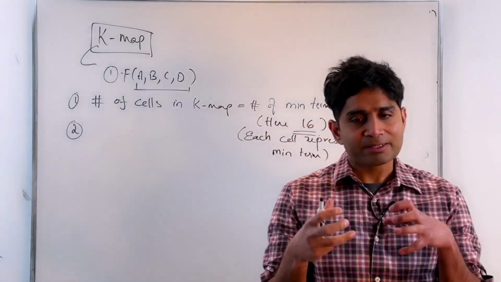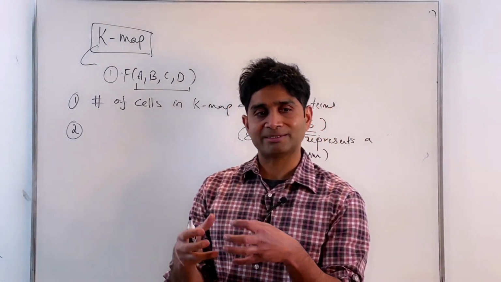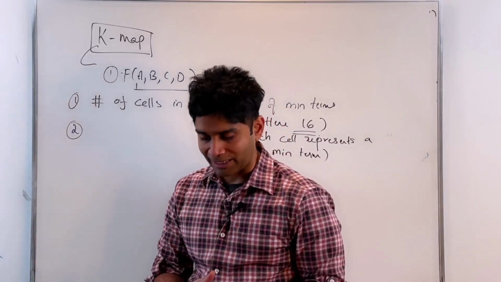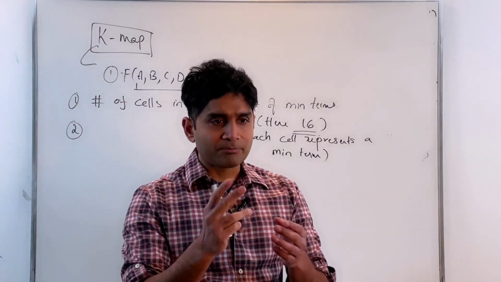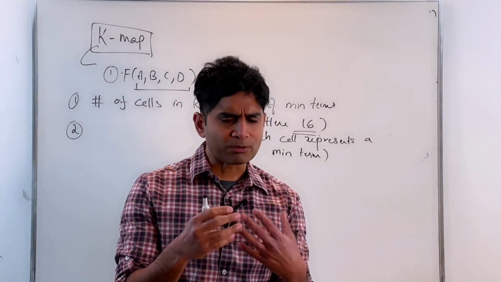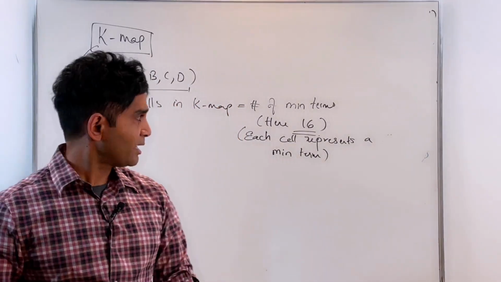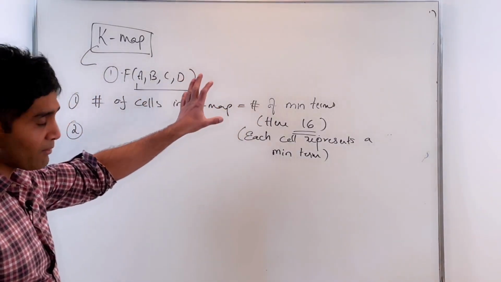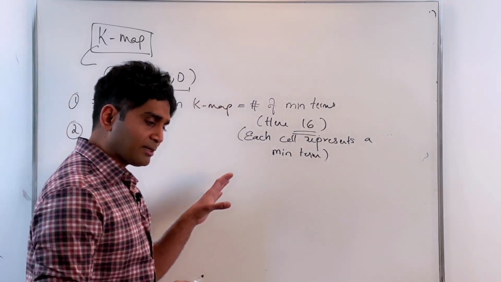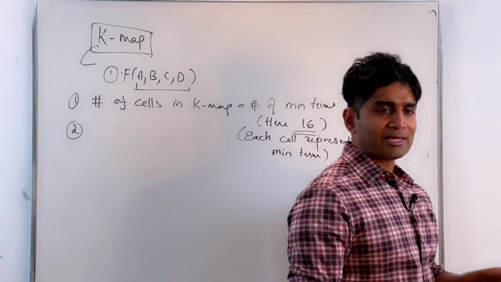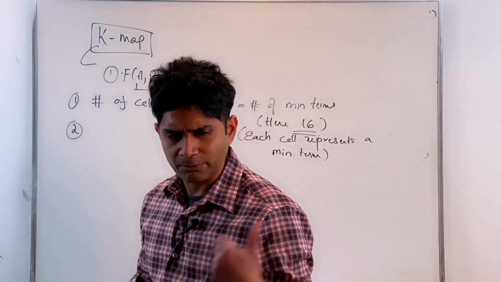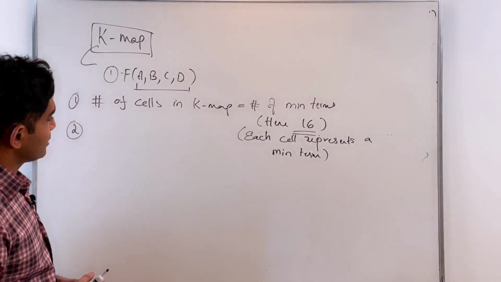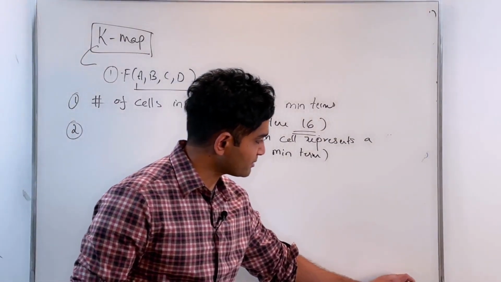To make physically adjacent cells adjacent according to this rule, sometimes it may be essential to swap the position of the minterms. This is what we did in the last class, and in exactly the same way, we have to draw the K-map and position the minterms so that physically adjacent cells are indeed adjacent according to the definition.